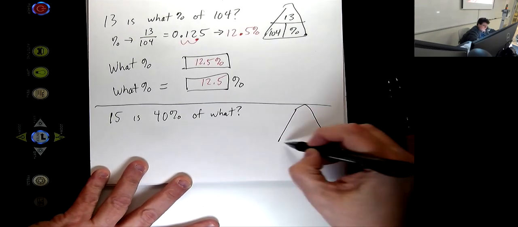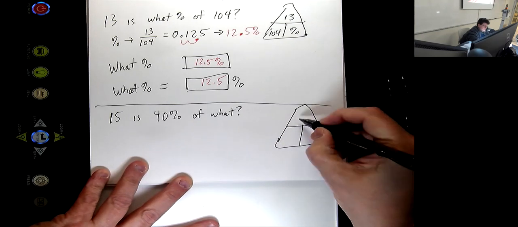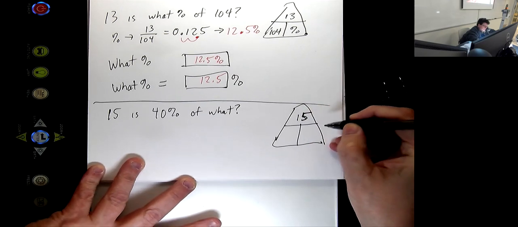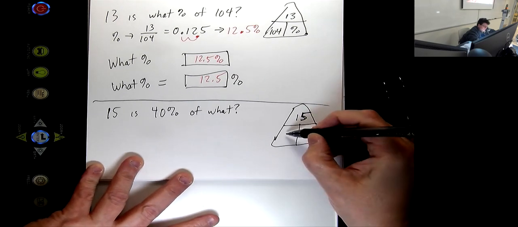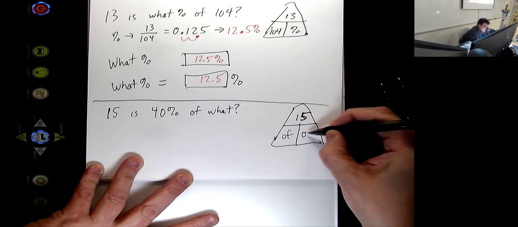So on my triangle, my 15 goes in the "is" spot. I don't know the "of." 40% is going to go in as 0.40.